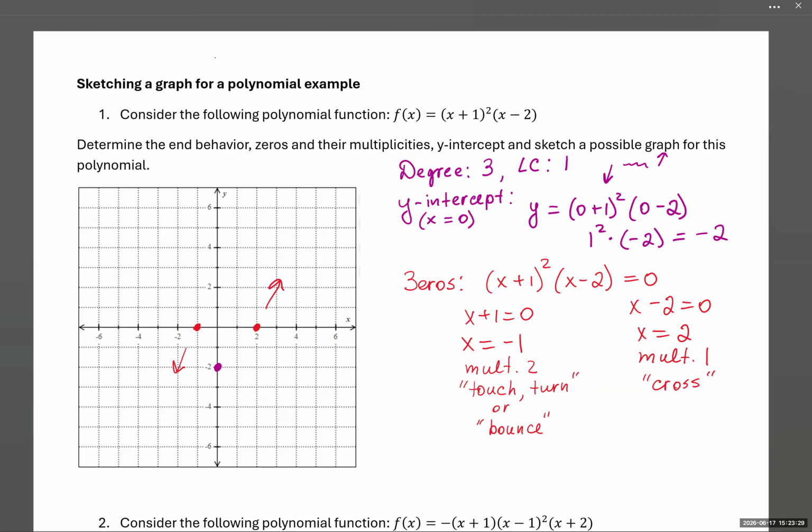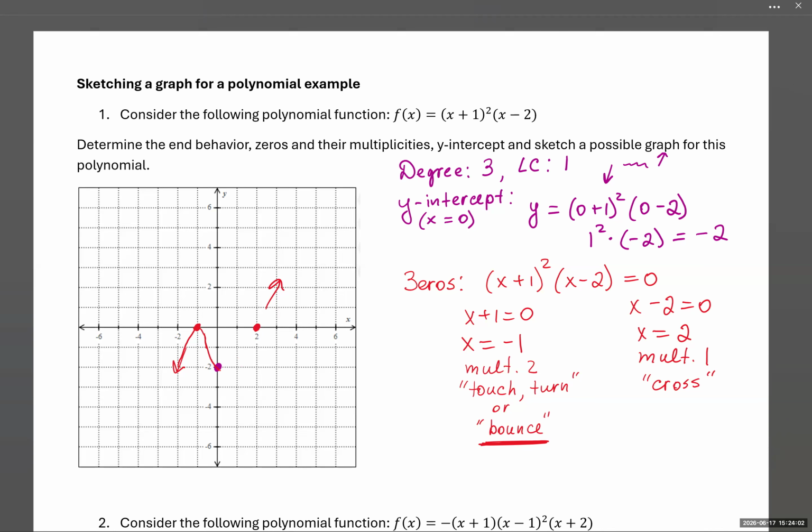Now, starting on the left-hand side, you are going to start connecting the dots. From the end, we're going to go to the first 0 at negative 1. That 0 has an even multiplicity, so it's not going to cross the x-axis. It's going to touch and then turn and go back down. It's going to connect through the y-intercept. Here's where it's a sketch and not a graph.